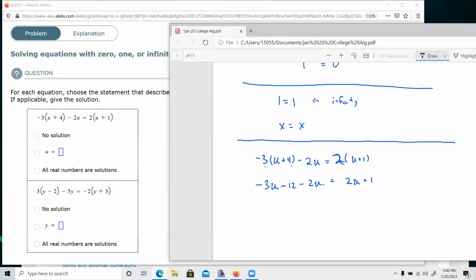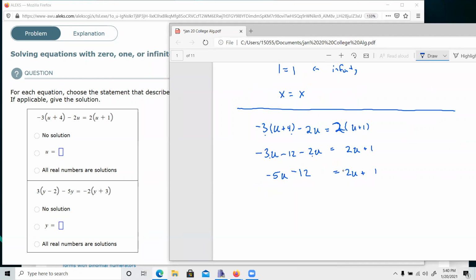Okay, so we can combine our terms. You're $3 in debt, you spend another $2. Now we are $5 in debt, minus 12, and that is equal to 2u plus 1. Okay, so the first thing to do is untangle this knot. Then we can reassess. We're going to go ahead and subtract another 2u, and we're going to go ahead and add 12.